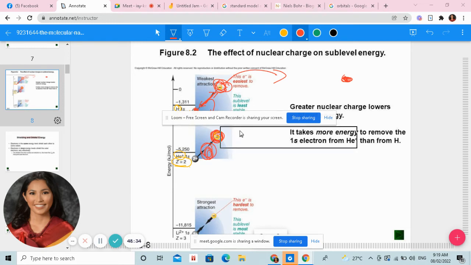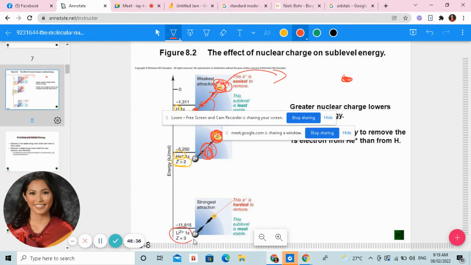However, we have the lithium ion. The lithium ion has a nuclear charge of 3. Is it easy to remove or hard to remove? Hard to remove.